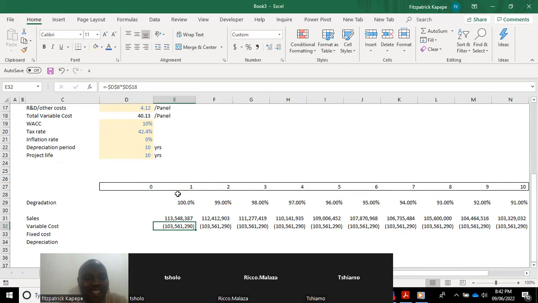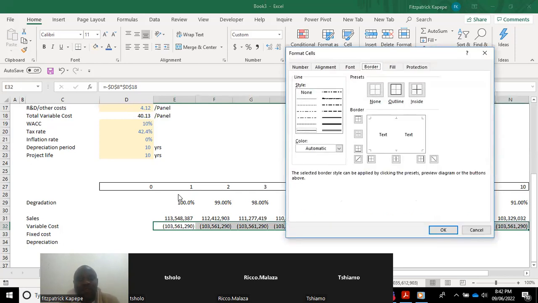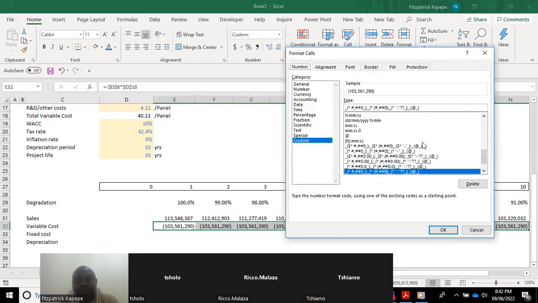So this is what I was saying, Rico, that we accountants like putting brackets to represent negatives. It's just a format. If I want to change this format, I'll pick this one. I can even change it from here.